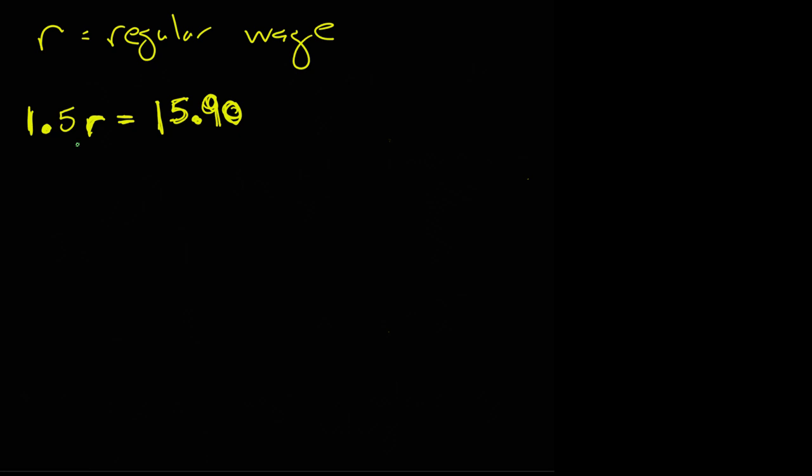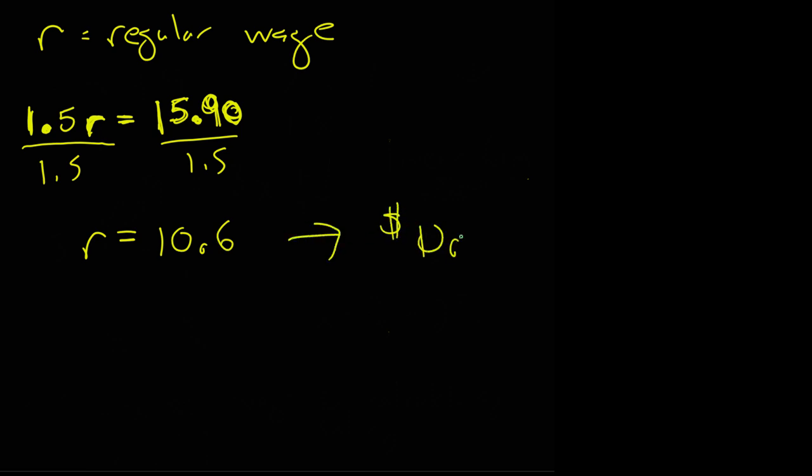So if I want to solve for R, I divide both sides by 1.5. This is again an example of whatever you do to one side, you do to the other. And I get 10.6, or in terms of this, $10.60 per hour.